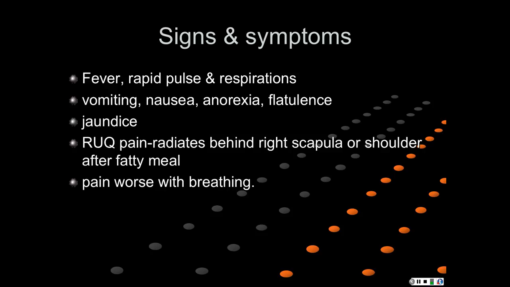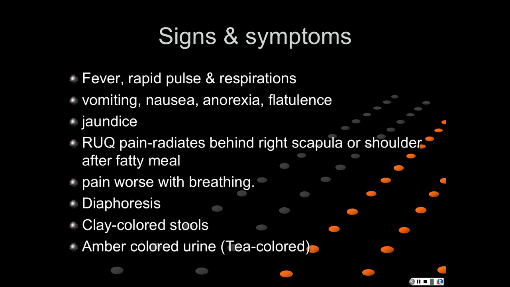Pain is made worse on breathing, so obviously they are going to try not to breathe. They may end up with diaphoresis because of the severity of the pain. Stools are clay colored because there's no bile getting through. Urine is described as amber colored, tea colored.